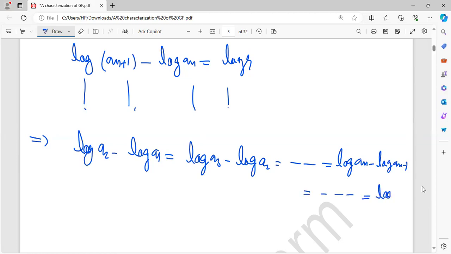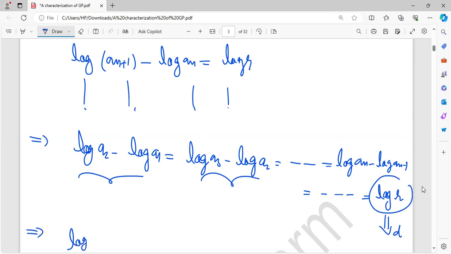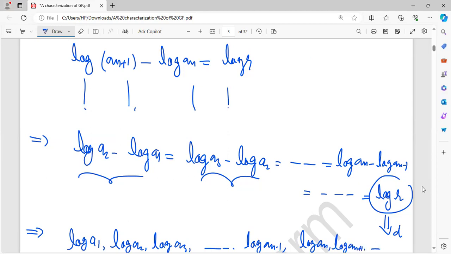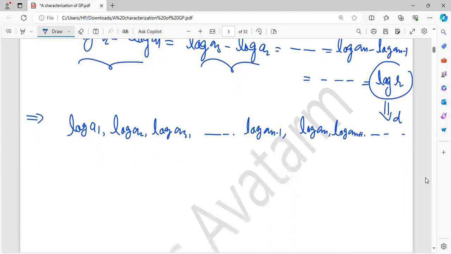It is coming log r. That is my d. These differences are coming common. That is d. It means log a1, log a2, log a3, log an minus 1, log an, log an plus 1 is in AP. So one direction done.